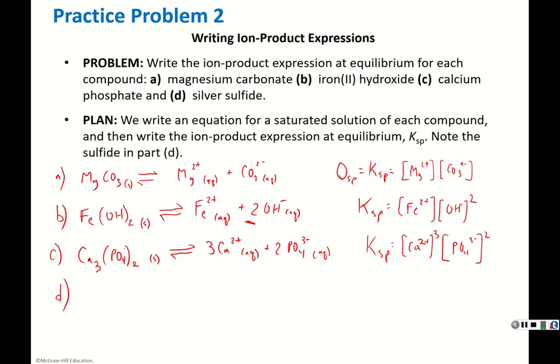All right, silver sulfide is the last one. We have silver and sulfur. Sulfur is a -2 charge, just like oxygen would be. So silver is a +1, so you're going to need to have 2 silvers per sulfur.